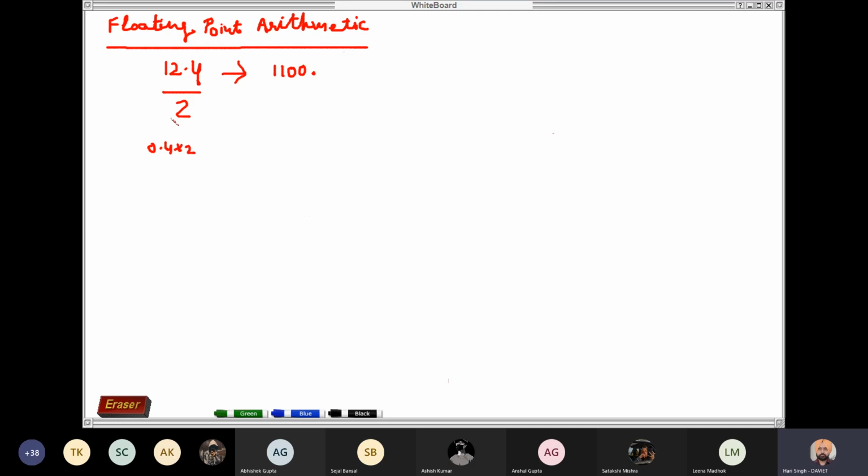0.4 into 2 will be 0.8. Then 0.8 into 2 is 1.6. Then 0.6 into 2 is 1.2, and so on.